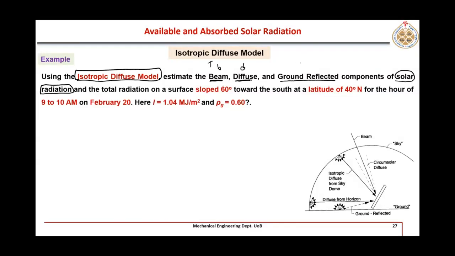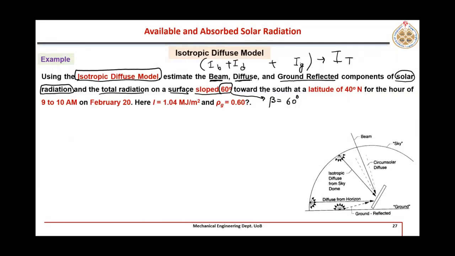Right, so this is IB, ID, and this is I coming from the ground. And the total radiation is the summation of these, that will be total on a surface which is sloped at 60 degree, means beta is equal to 60 degree.